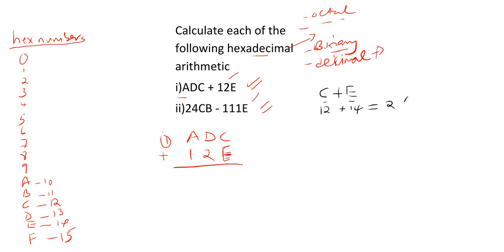And as you can see, 26 is not among the 15 digits of hexadecimal numbers. So this 26, in base 16, can be written as 1 times 16 plus 10.